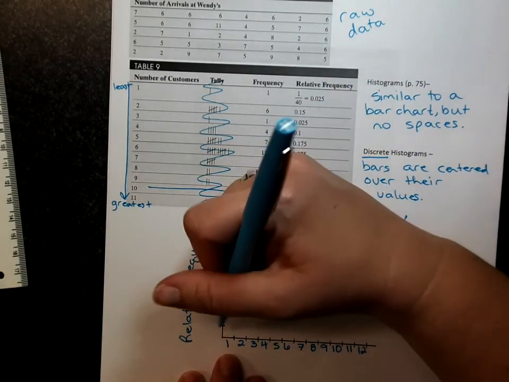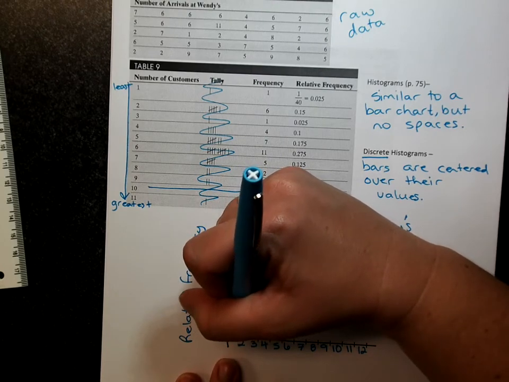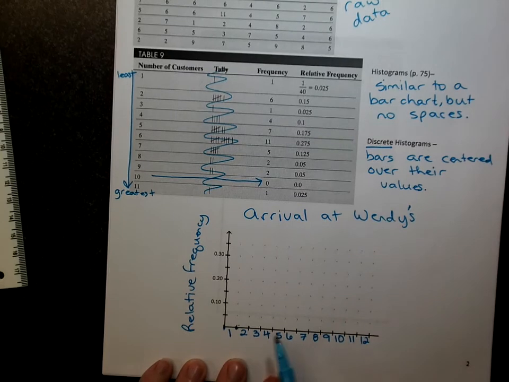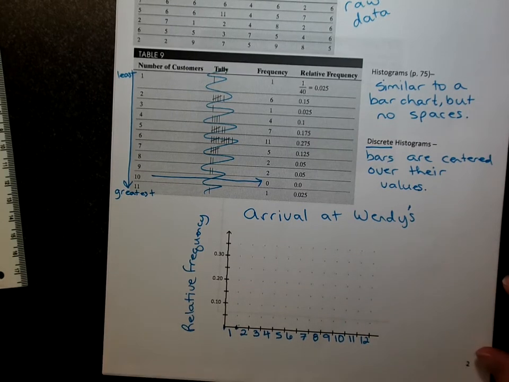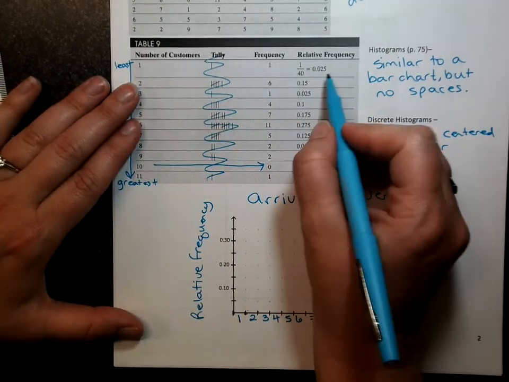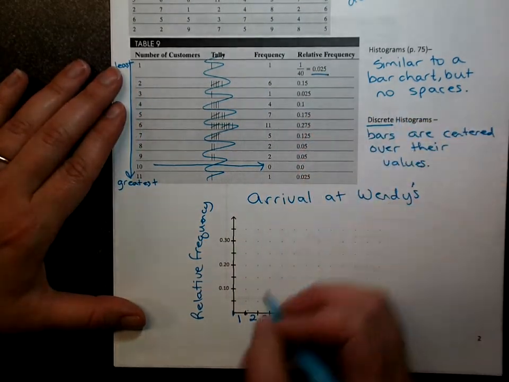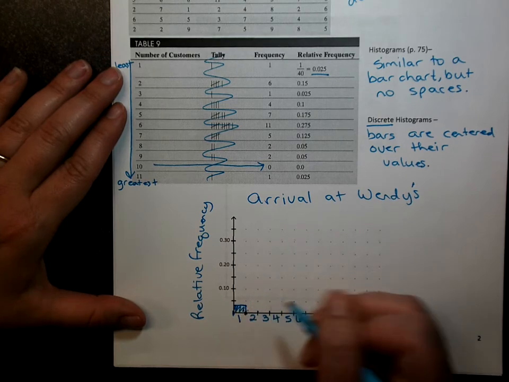So notice the number 1 is between these two marks. The number 2 is between those two marks. I know it's kind of hard to see. So when we do continuous histograms, that'll be different. But for discrete histograms, each bar is centered over their values. So for 1, the relative frequency was 0.025, which is just barely above the axis.